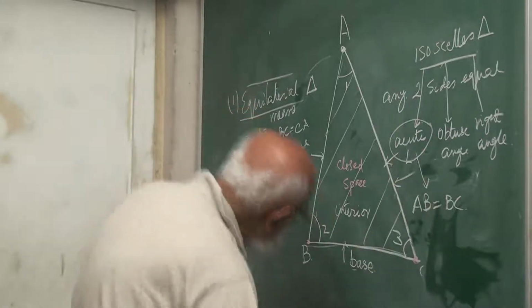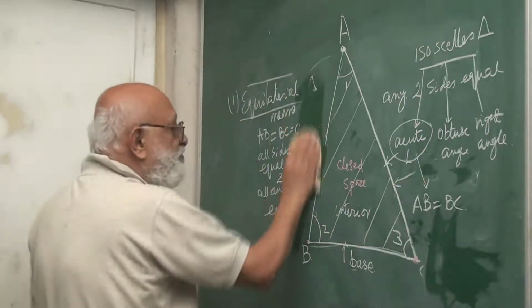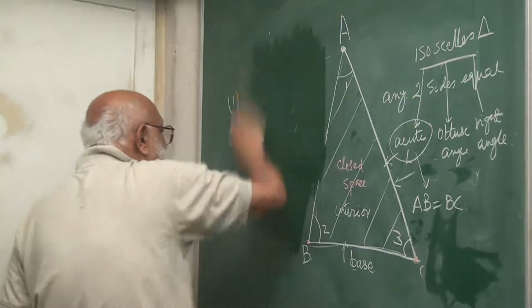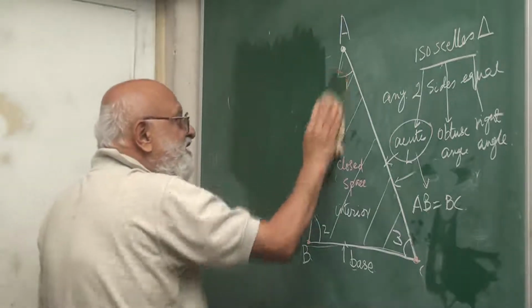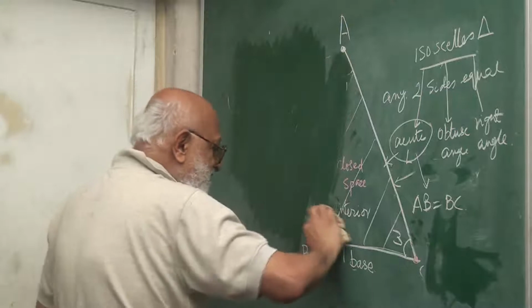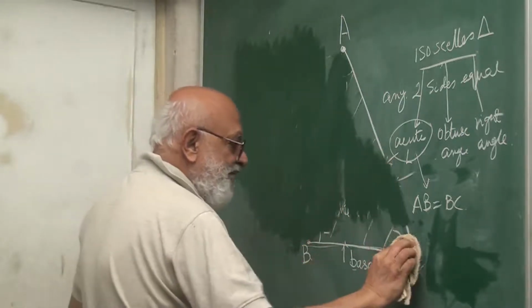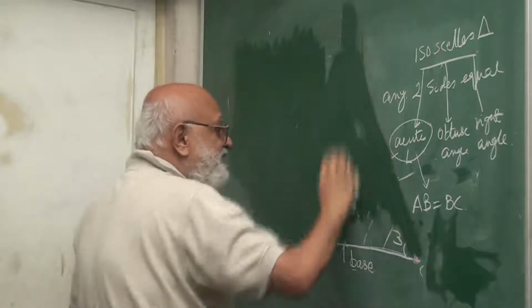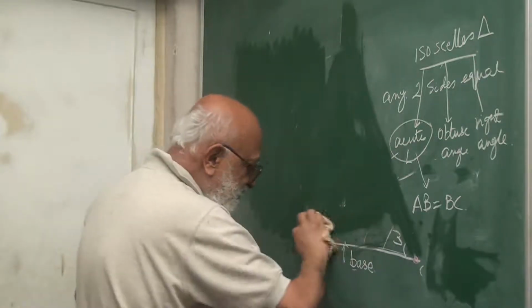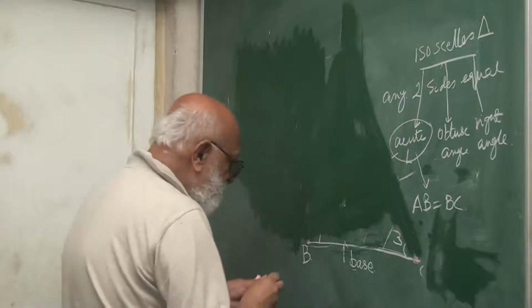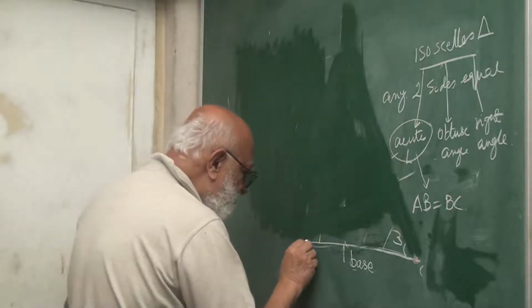To make it obtuse, what do I have to do? I have to make one of these angles an obtuse angle, at the same time maintaining the two sides equal. So let us do it. Obtuse means more than 90.